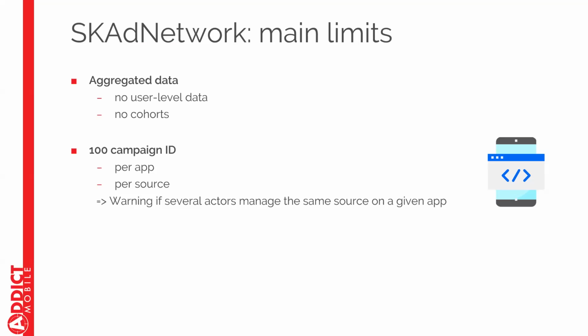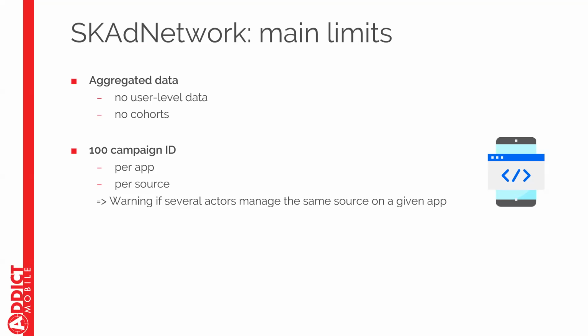The second big limit is the 100 campaign IDs. SKAdNetwork limits the number of campaigns you can track to 100 per app per source. So for a given app and a given source, you will only be able to track 100 campaigns.